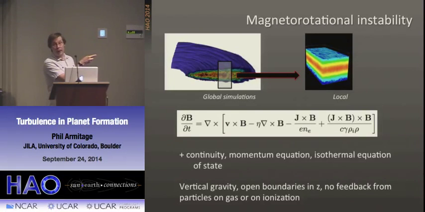We typically have open boundary conditions in the vertical direction, and then sliding periodic boundary conditions in the radial direction, such that one point on the left-hand side of the domain is at different times identified with a different point on the right-hand side, reflecting the shear in the system. And within this local domain, we solve the MHD equations, and as we'll see, we have to worry not just about the ideal MHD part, but also critically about the non-ideal MHD terms, which are important at low ionization fractions.